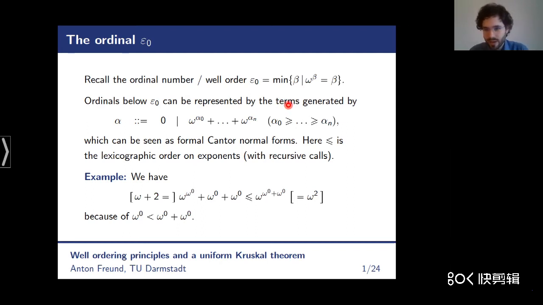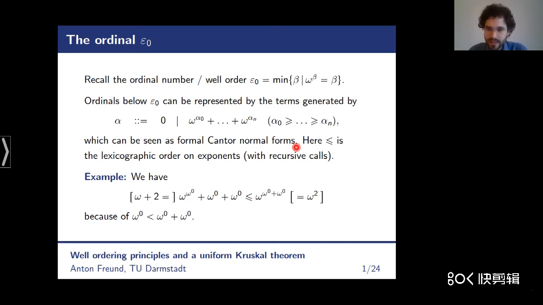And then whenever we have terms alpha 0 to alpha n in weakly decreasing order, then we can form this expression here, this sort of exponential normal form here, and that will also be a term that represents one of our ordinals.